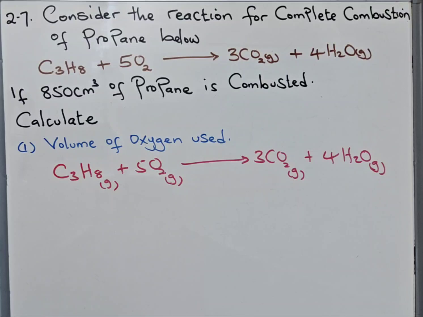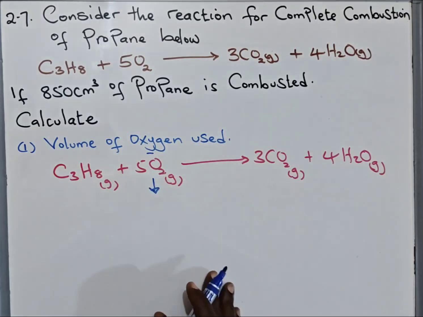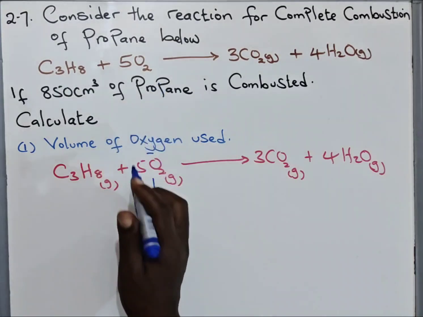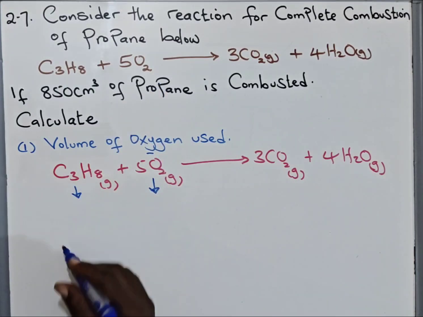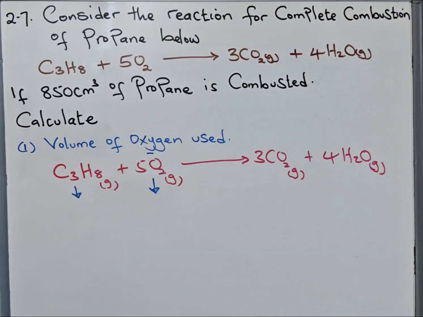Then you look for what you have and what you are looking for. We are looking for oxygen, so we are going to use this part of the equation. And you are given propane, so we are going to use this part. Yes, you have to earmark them to make your life easy here. So what are we having here?